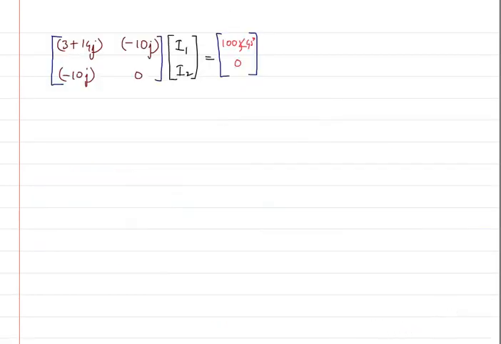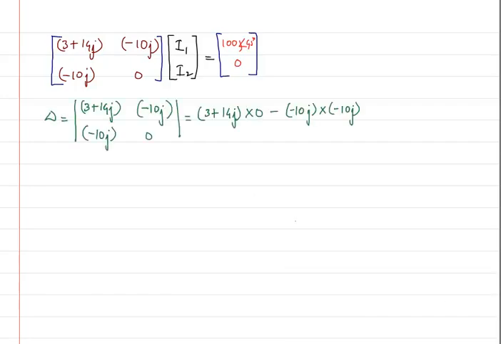Now taking delta, I will get the delta value for this particular equation in this format, where if you remember we had said that the determinant is this into this minus this into this, and that is what we have written here. We can use a calculator or directly write the answer here.